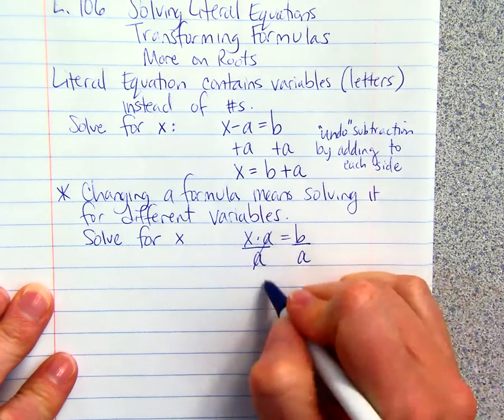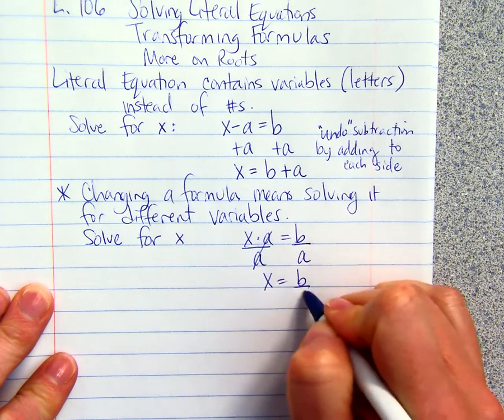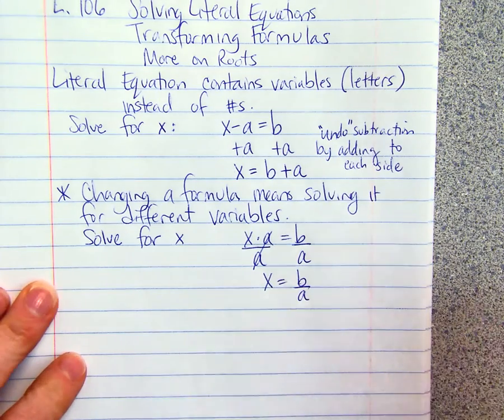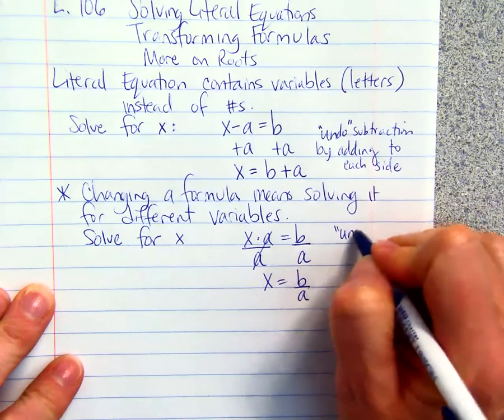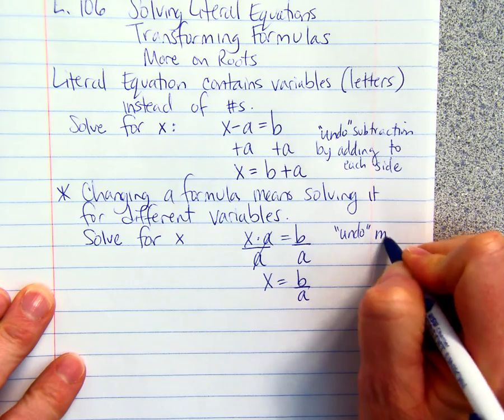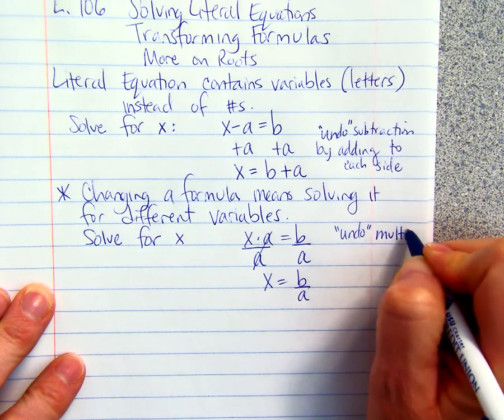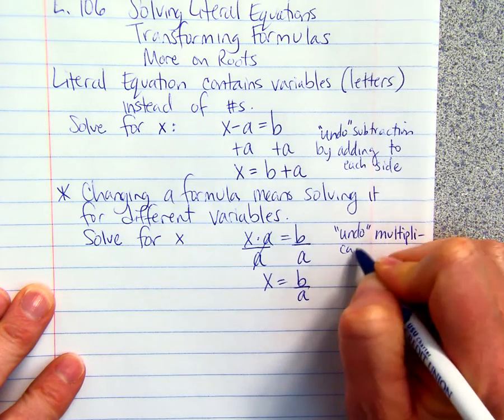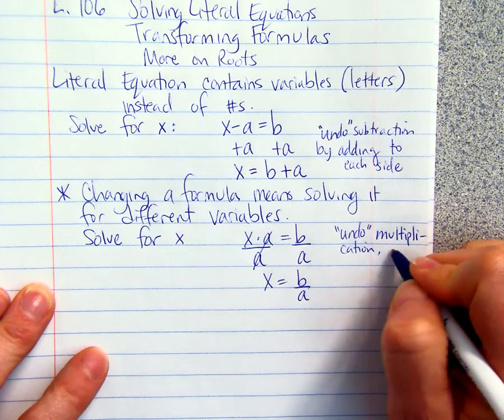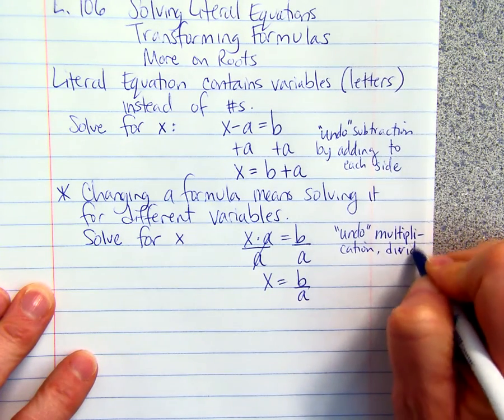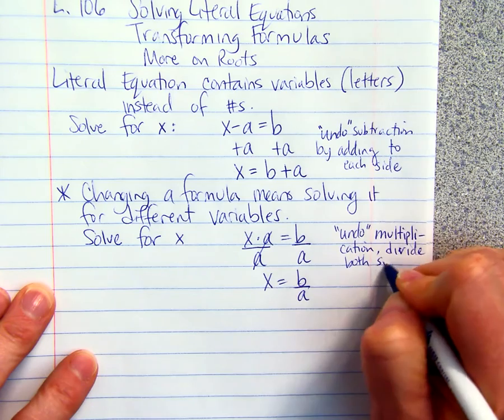This gives us 1x, so x equals b divided by a. To undo multiplication, we want to divide both sides.